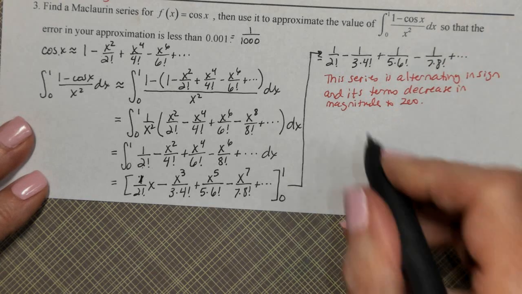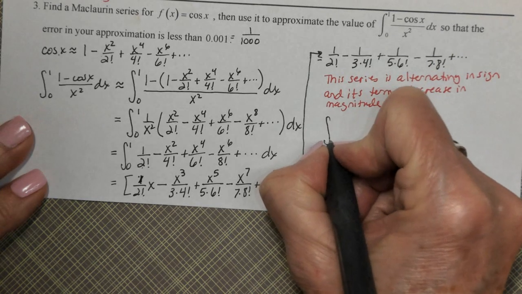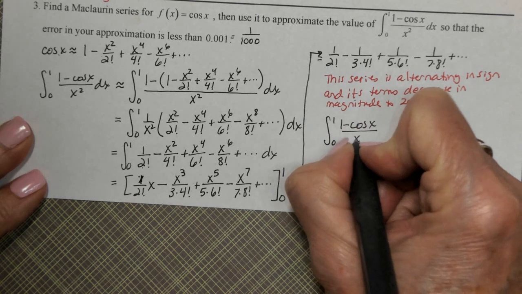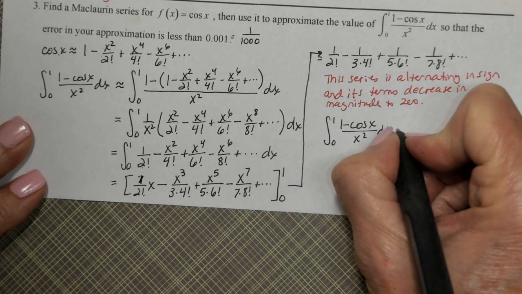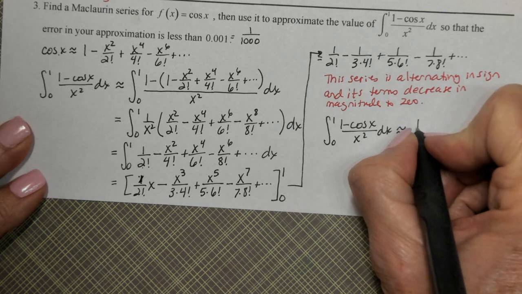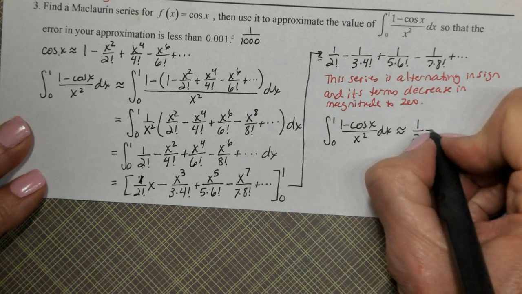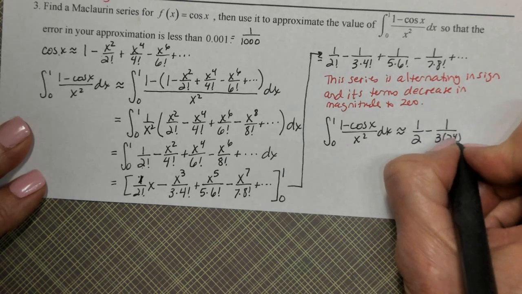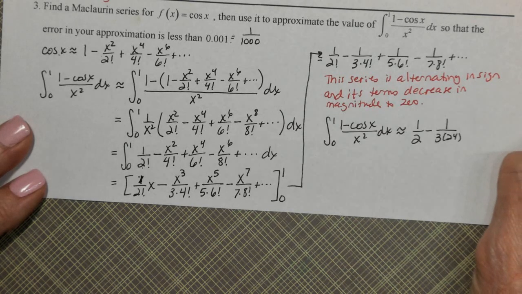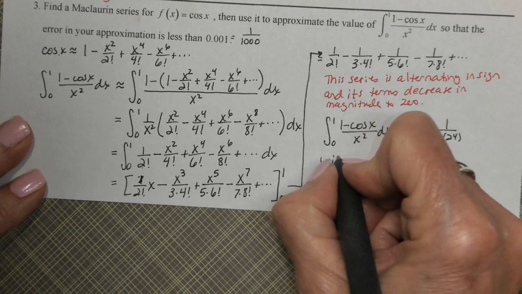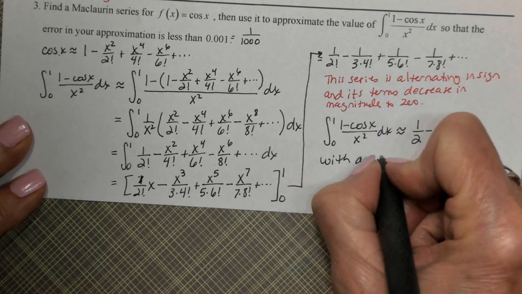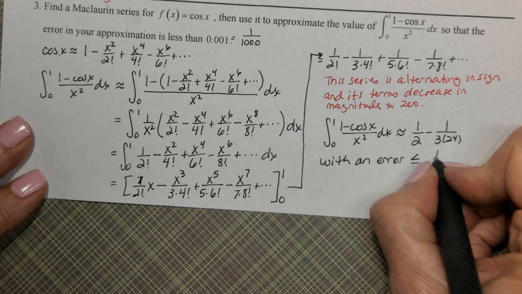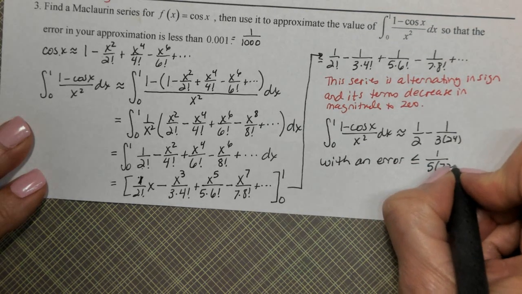So I can say that this integral is approximately equal to 1/2 minus 1 over 3 times 24, 4 factorial, with an error less than or equal to 1 over 5 times 720.